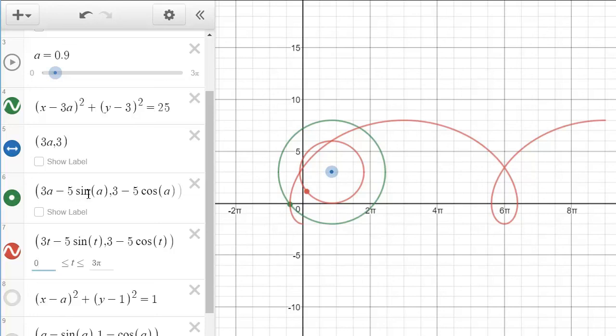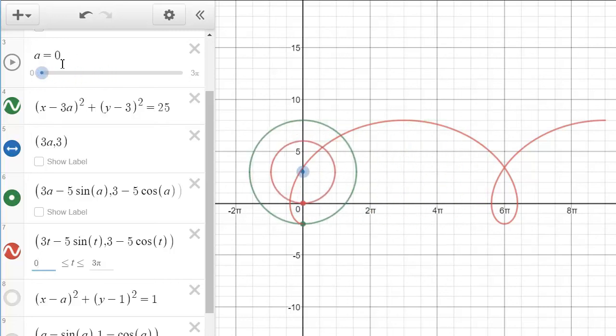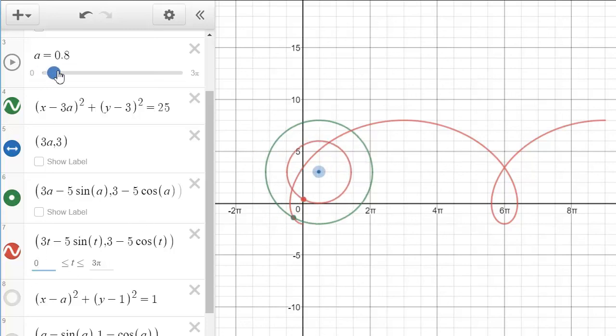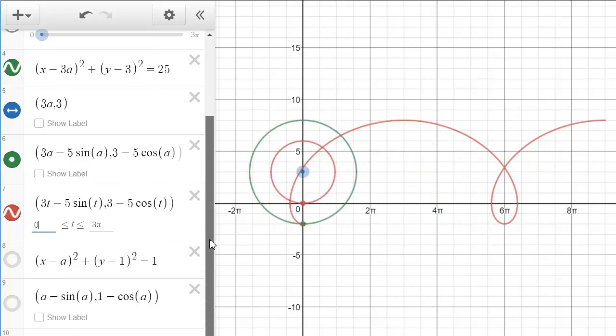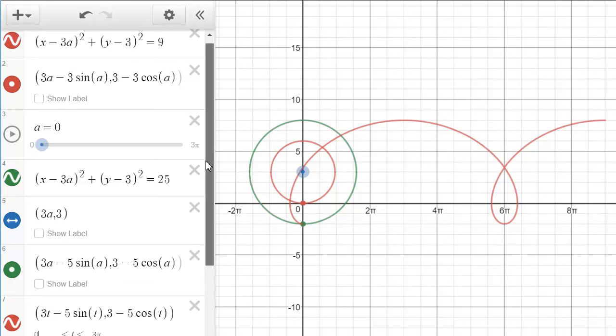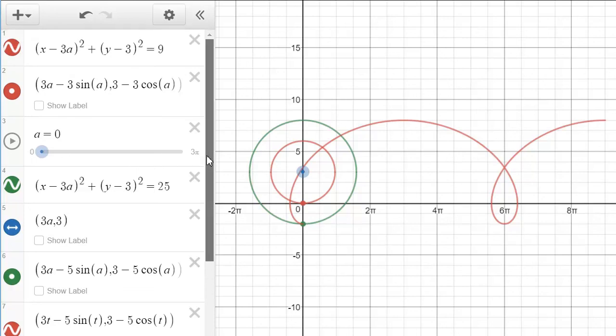So there's a difference between A and t. A, we can slide back and forth. We can vary our A. Well, t is telling Desmos to draw it from 0 to 3 pi automatically, just do it straight away. Here we are sliding it back and forth. Anyway, play around with this. Punch this whole thing into Desmos and play around with it, and hopefully you can understand it. Okay.